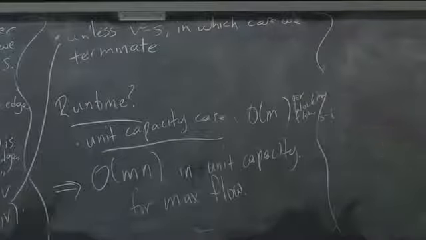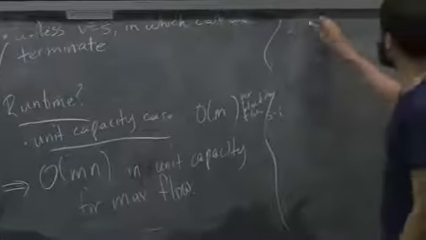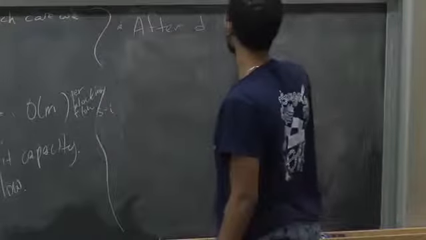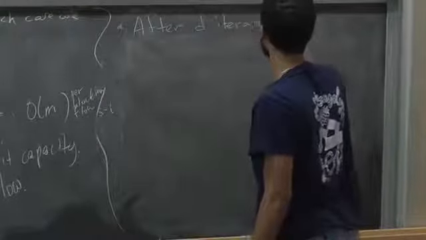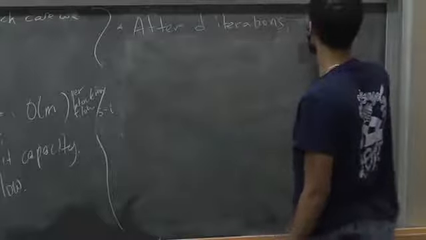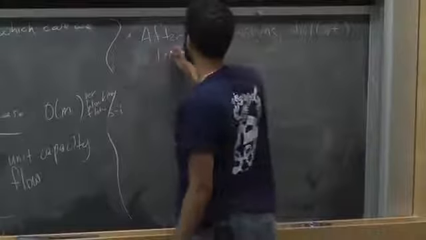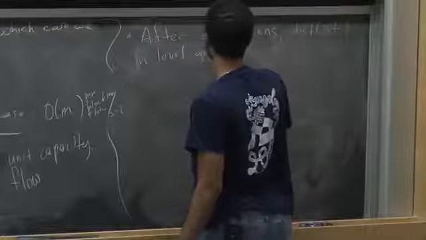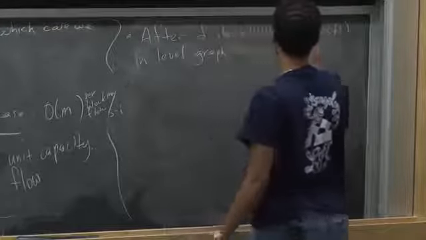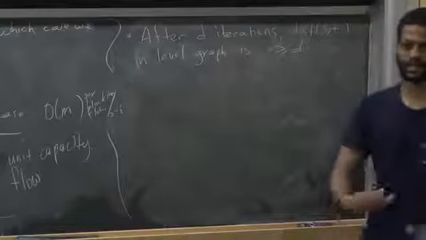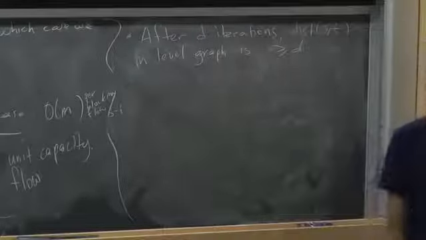There's another analysis you could do. You could say, look, after d iterations, the distance from S to T in the level graph is at least d, right? Because the distance increases in every step.